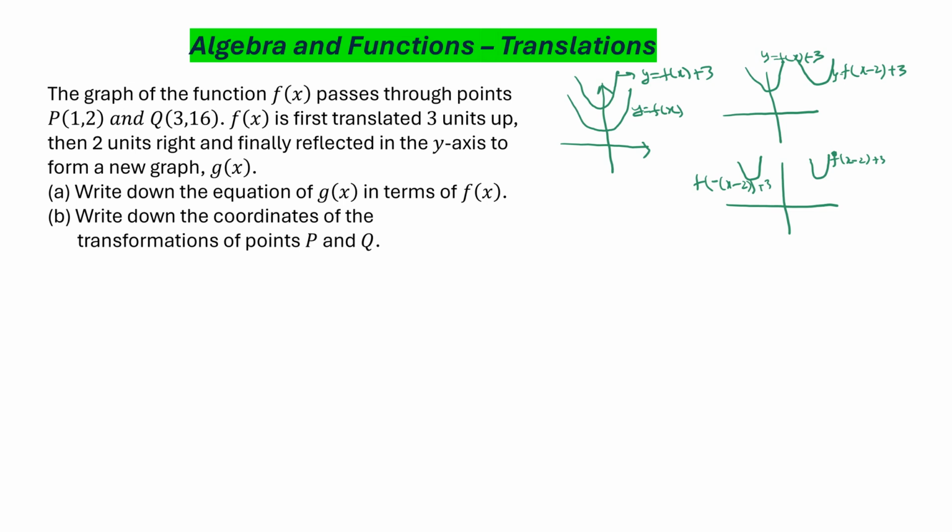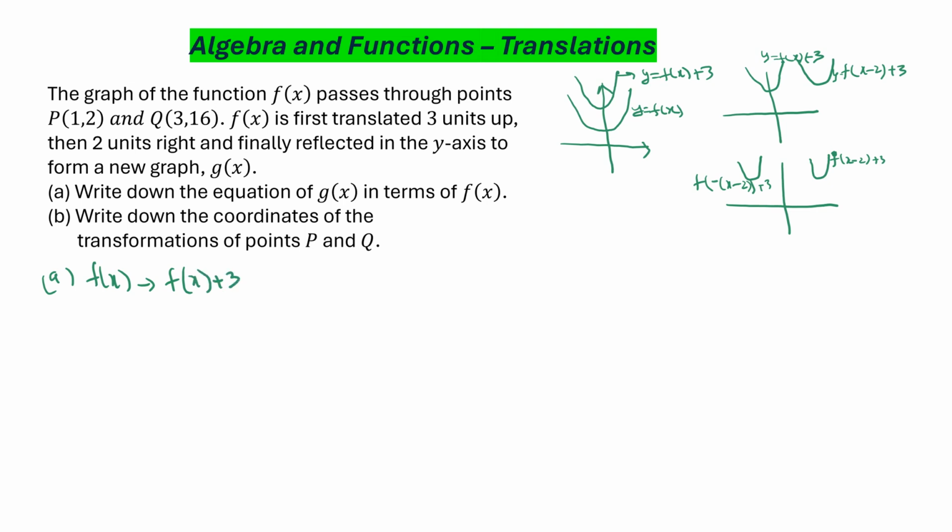So if I were to write it here, the first thing is if you have a graph y equals f(x), this f(x) would first be after 3 units up, so it would be f(x) plus 3.